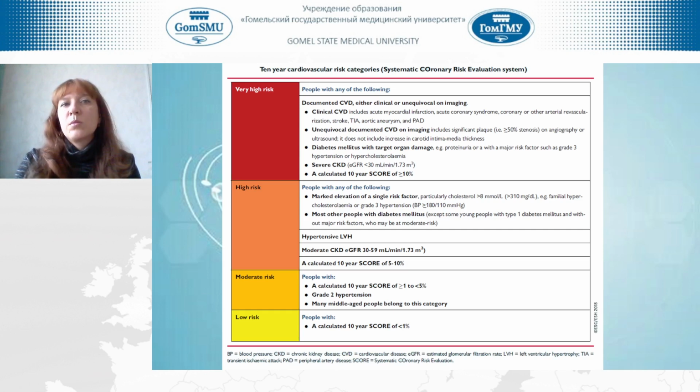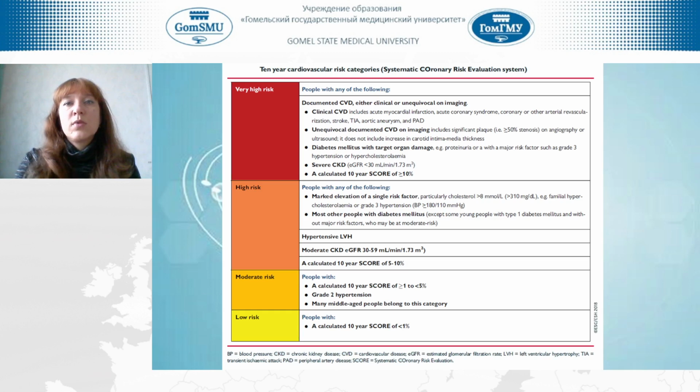Very high risk if the patient has documented cardiovascular disease as clinical, unequivocal, or major. This clinical cardiovascular disease includes acute myocardial infarction, acute coronary syndrome, coronary or other artery revascularization, stroke, transient ischemic attack, aortic aneurysm, and peripheral artery disease.